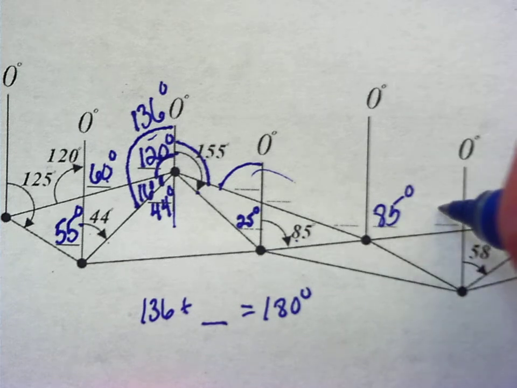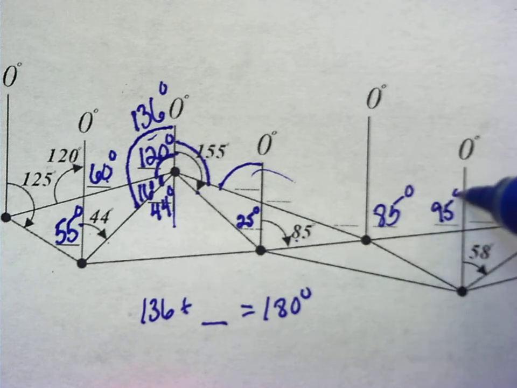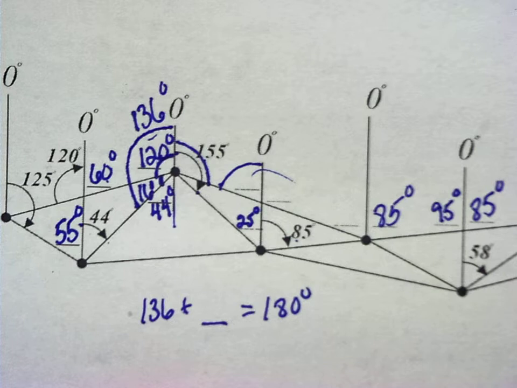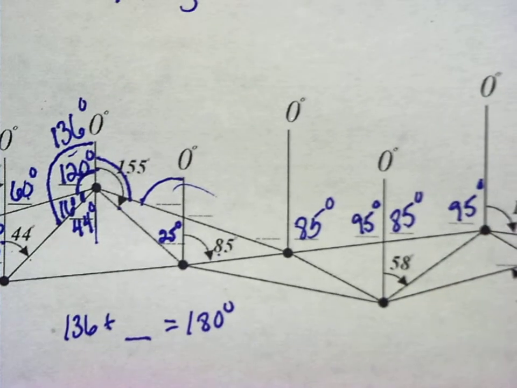So this has to be 95. And this one is 85 again. And this one is 95 again. Remember, all of these lines with 0 degrees are parallel.